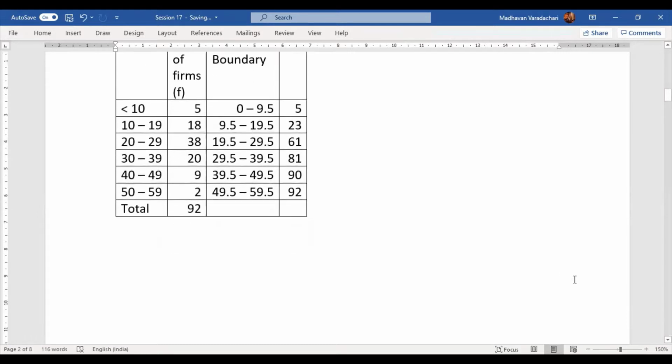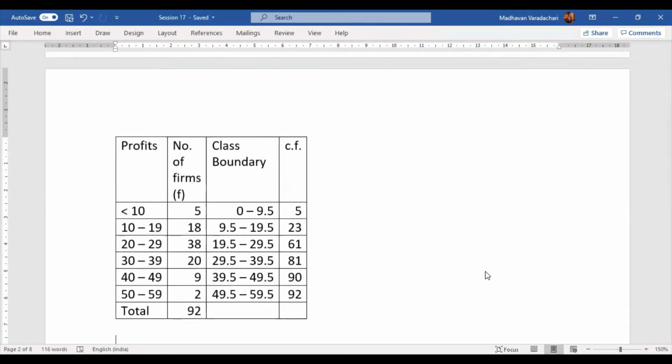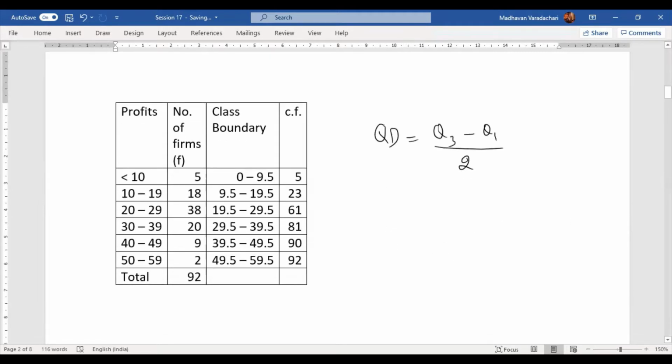Let me write the quartile deviation formula here. QD is Q3 minus Q1 divided by 2. So for that, we need to find out what is quartile 1 first. Quartile 1 is L1 plus (L2 minus L1) times (M minus C) divided by F suffix quartile 1.